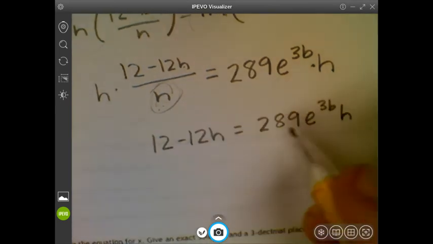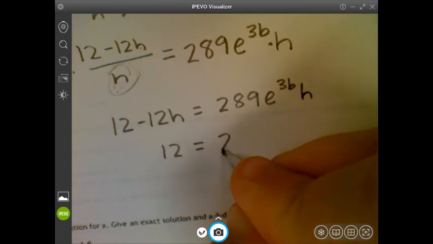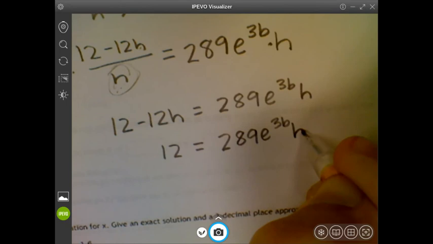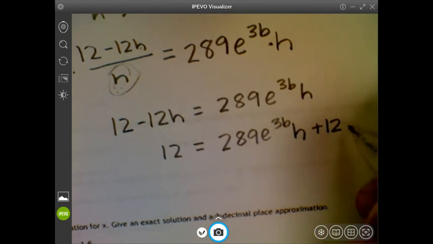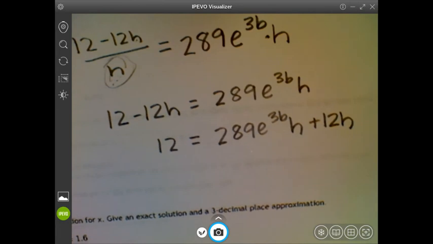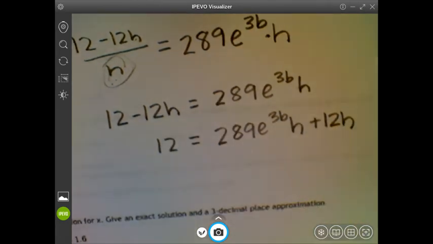And then because you have two h's, you want to go ahead and put them on the same side. So I'm going to move this 12 over. So we have e to the 3b times h plus 12h. So you get those h's on the same side together because we want to solve for h. So having one on one side, one on the other doesn't really help us out.